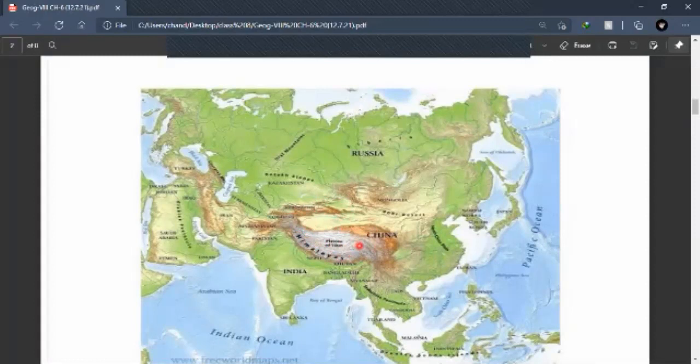This largest and highest plateau is known as the roof of the world. The Himalayan mountain ranges are the highest mountain ranges in the world and have the highest mountain peak, Everest. This mountain range forms the northern wall for Southern Asia.